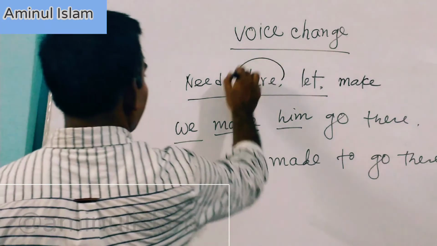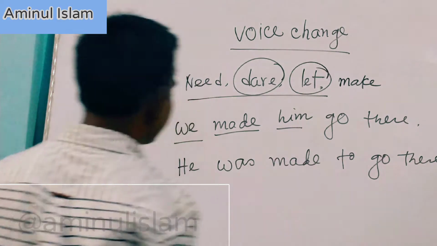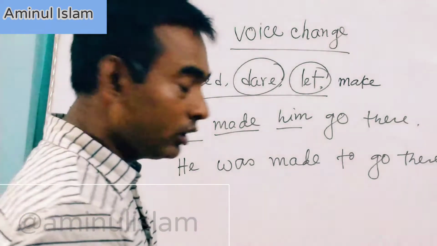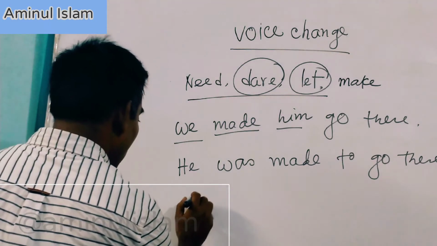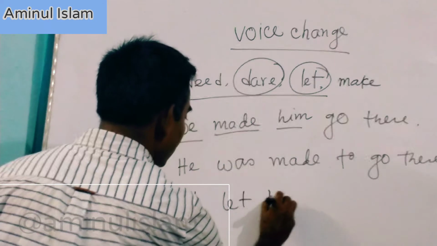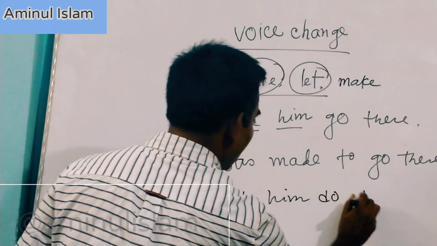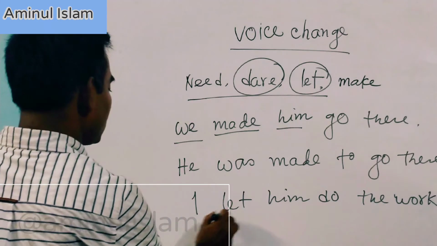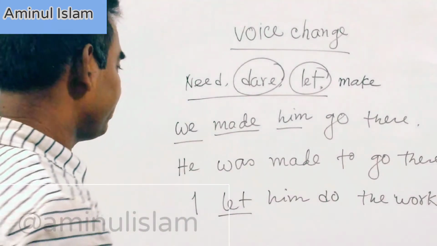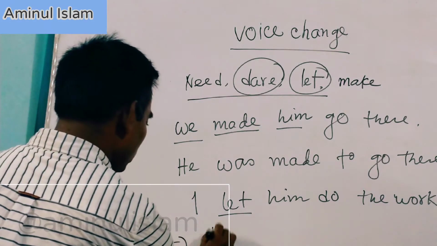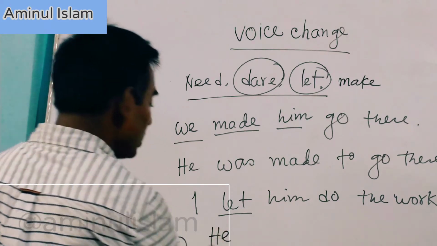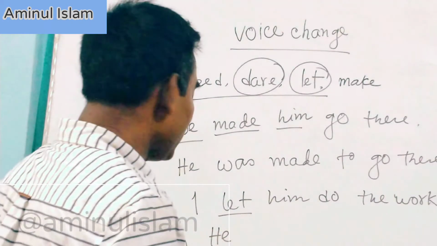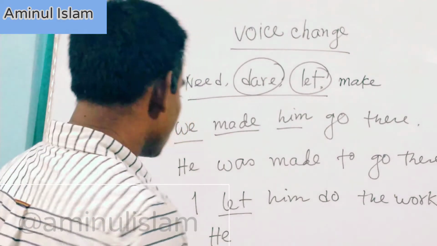But dare and let, look at the whiteboard because it's special. I let him do the work. This let may be present form or past form. Follow me. He. If we think this sentence is in present form, then is, or past form, then was.